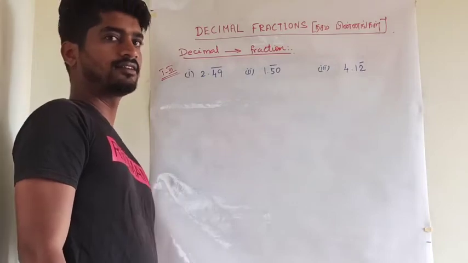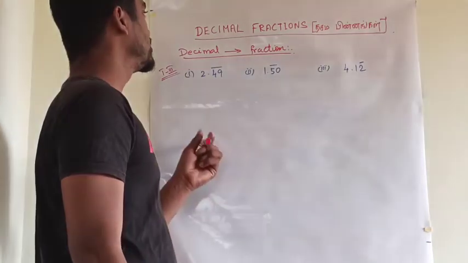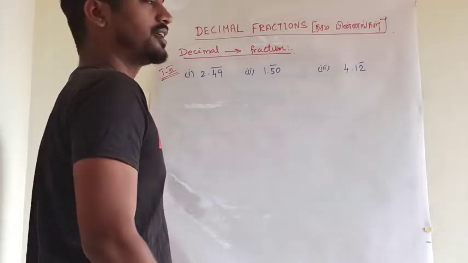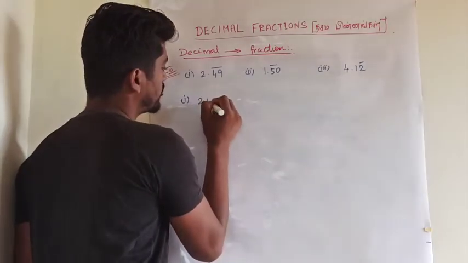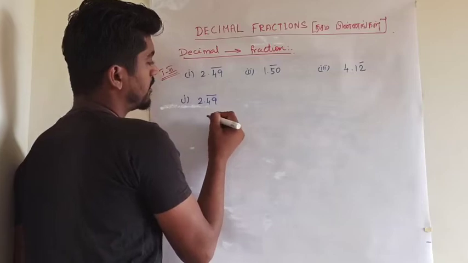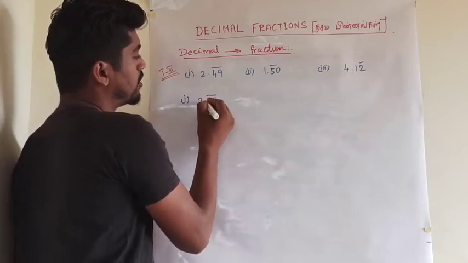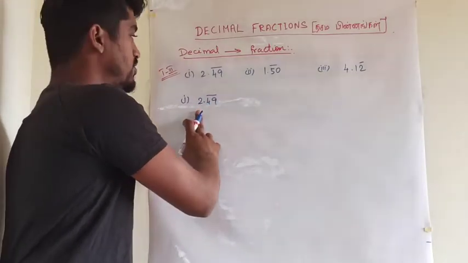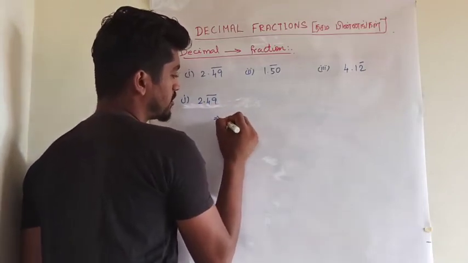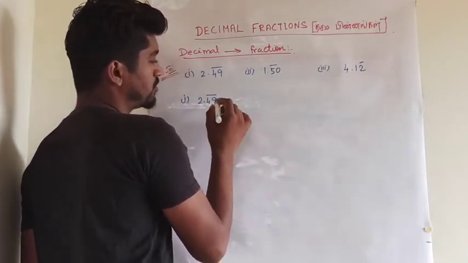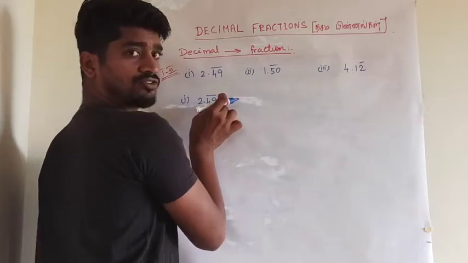In this third type, we have to convert the decimal value into the fractional value. First example, 2.49 bar. Here the whole number is also given, so we have to write the whole number that is given, 2. We have to convert the decimal into a fraction.